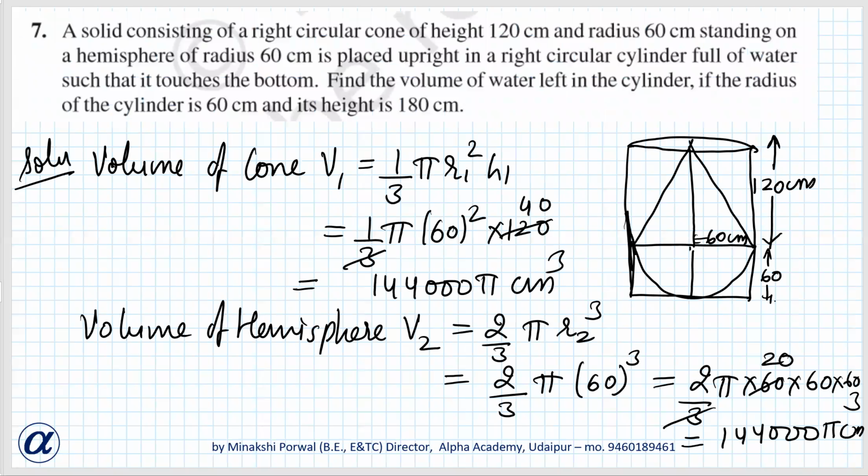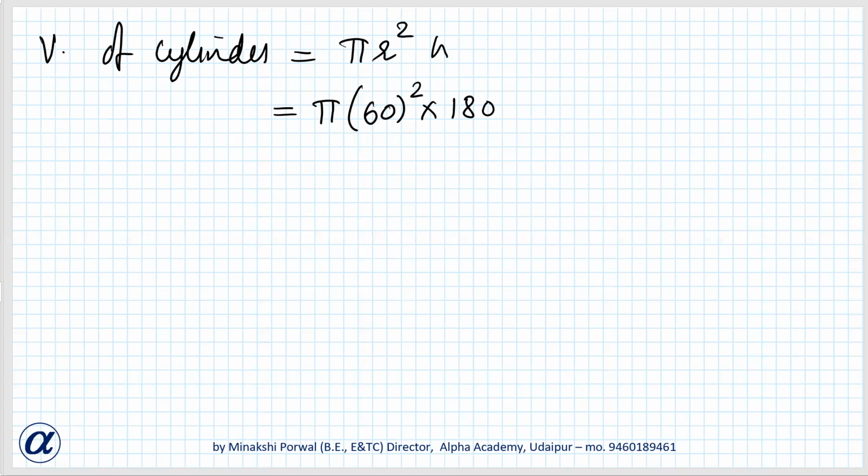Why is it 180? Because the cylinder's height begins from here to here, so it is 120 plus 60, that is 180. So when we multiply, it is 60 into 60 into 180, that is equal to 648,000 pi centimeter cube.